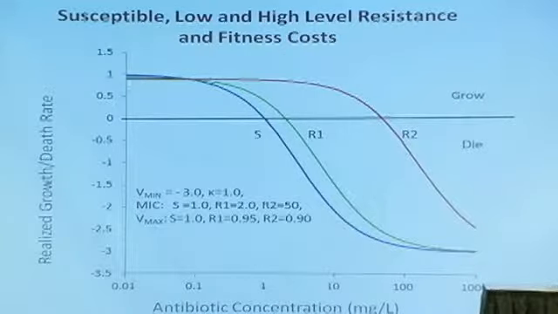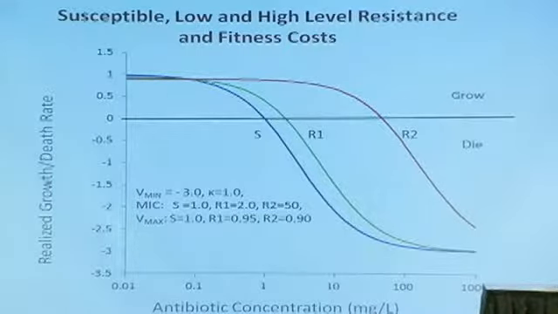if the sensitive are, say, over here, they have a low MIC, so they have an MIC1. We have some partial resistance, say an MIC2. And we're assuming in this case everything else is the same. We could have different properties. We could have different maximum kills. They all in this case have the same maximum kill, that is -3.